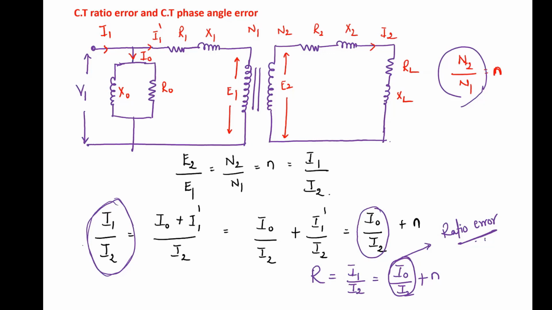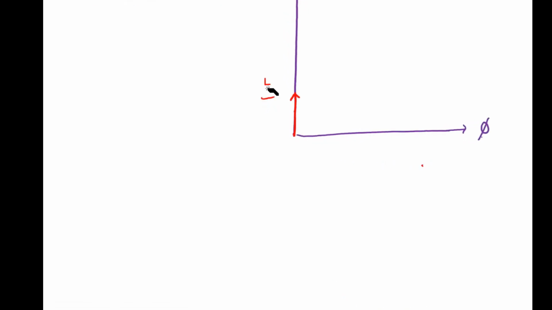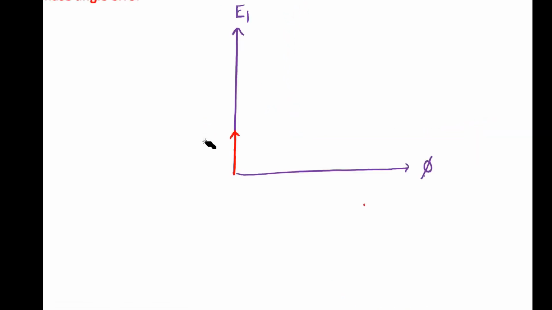Now, what is phase angle error? Initially, this is IW, and this will be your I mu, and if you add the phasors, you get this I0 current, the no load current of the transformer, or magnetizing current I naught.